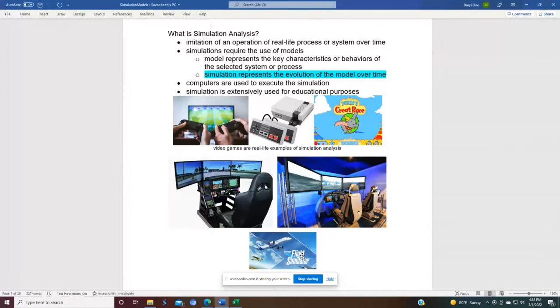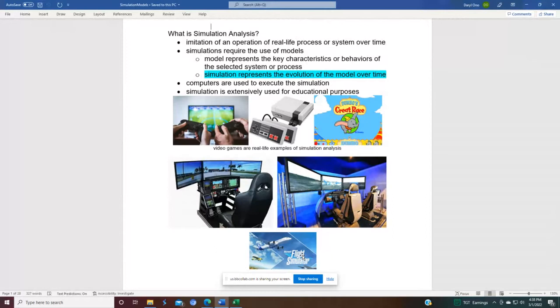The models represent or simulate real life processes. And what does simulation mean? Simulation is the evolution of this model over time. So over time is the key there.